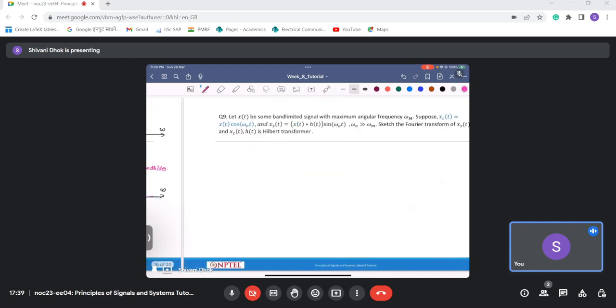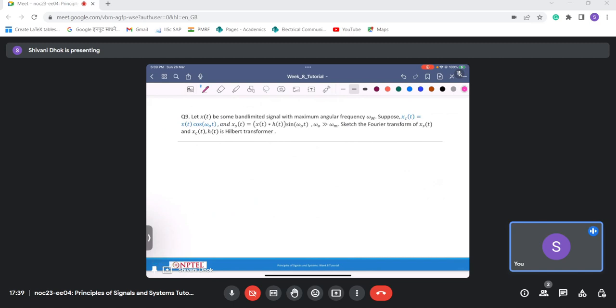So let us now look at an interesting example which is related to Hilbert transform. What we have been given is: let x of t be some band limited signal with maximum angular frequency omega m. Let us say that the signal looks something like this. If x of t is a band limited signal, then its Fourier transform will be in a finite band duration, and let's say that it is a real signal.